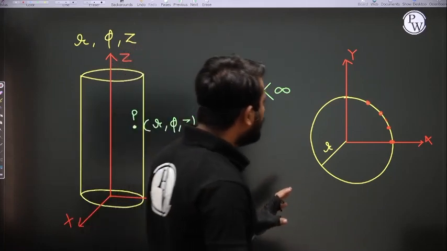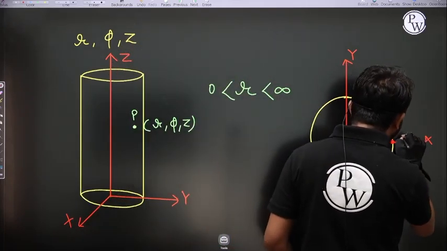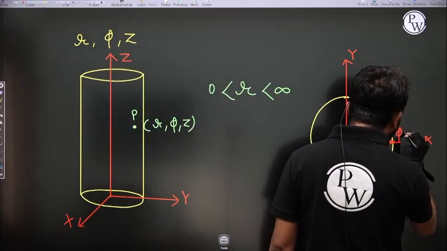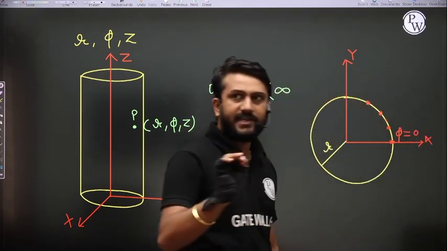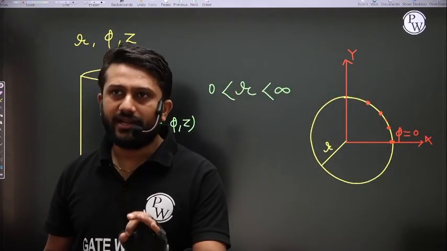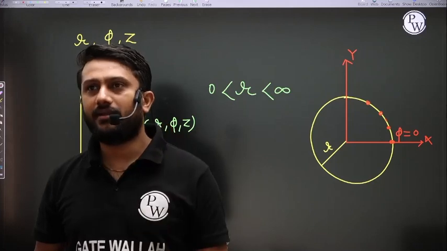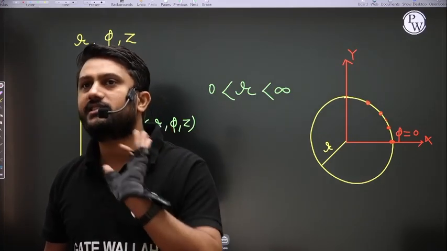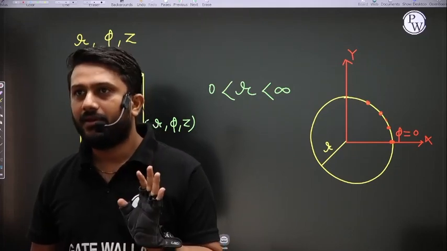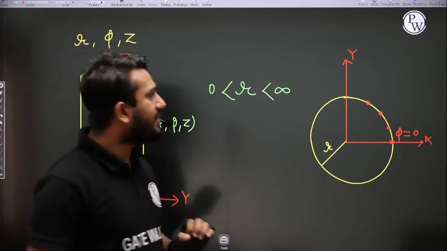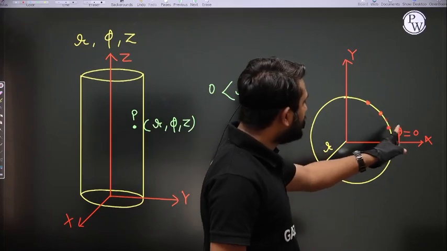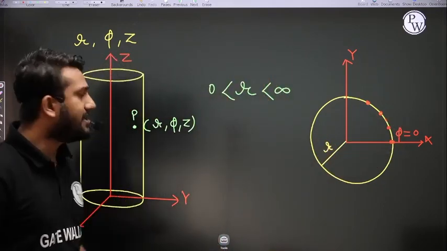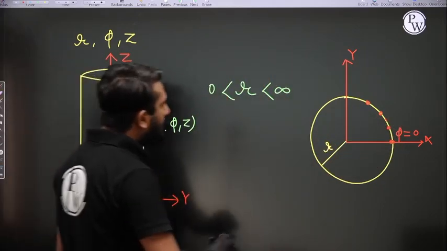Right? So this is the x-axis, the reference axis. I am considering here that phi is 0. If I want to locate a point in an xy plane, then R is required, and the second parameter which is required is the angle. And what is the reference for that angle? The x-axis is the reference. So phi is equal to 0 on the x-axis, and that point may be anywhere.